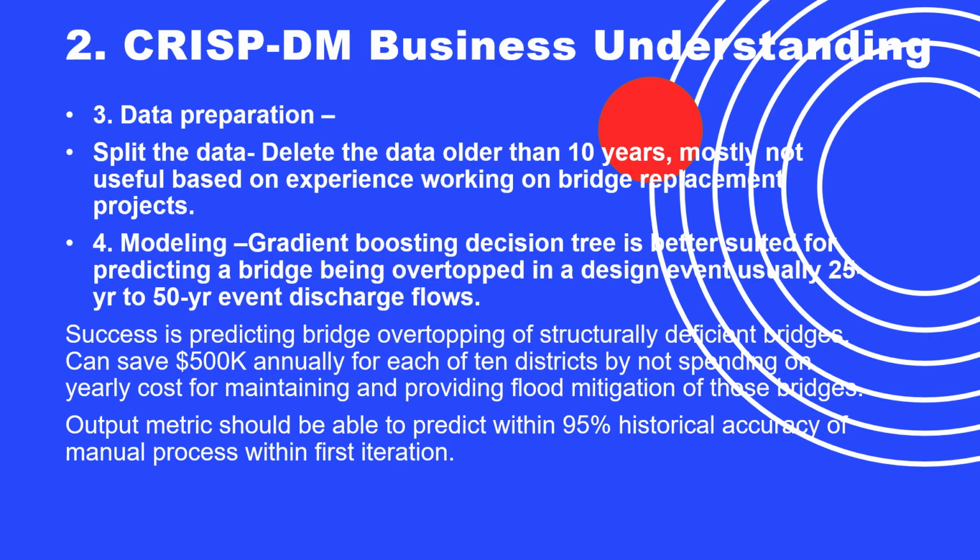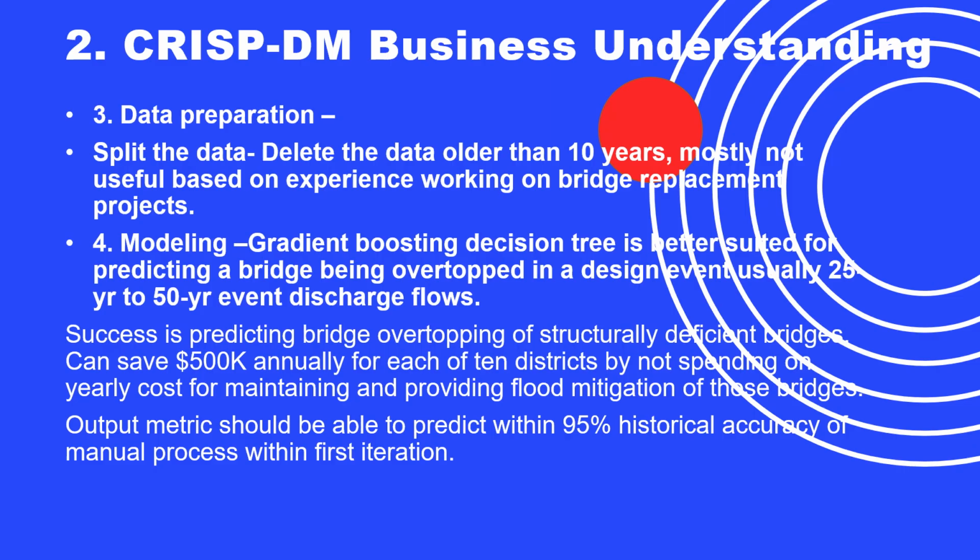Split the data; data older than 10 years is mostly not useful based on current experience and bridge replacement projects. I would use a gradient boosting decision tree, which is better suited for this kind of predicting of a bridge being overtopped for a 25-year event or 50-year discharge flow.